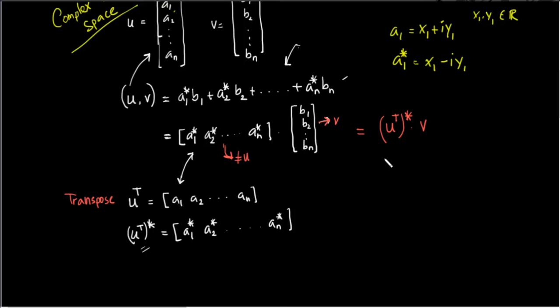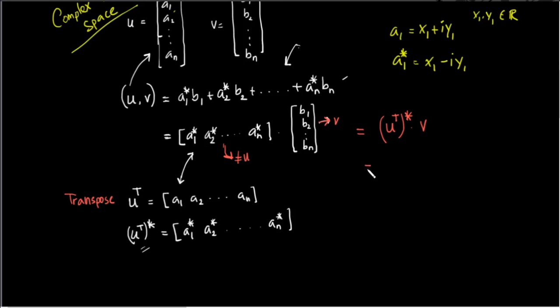So in complex vector spaces, this operation comes up many times. In fact, whenever we do a transpose, we will often have to take a complex conjugate with it. So to simplify our notation, a symbol was introduced for this operation, this transpose plus complex conjugate.